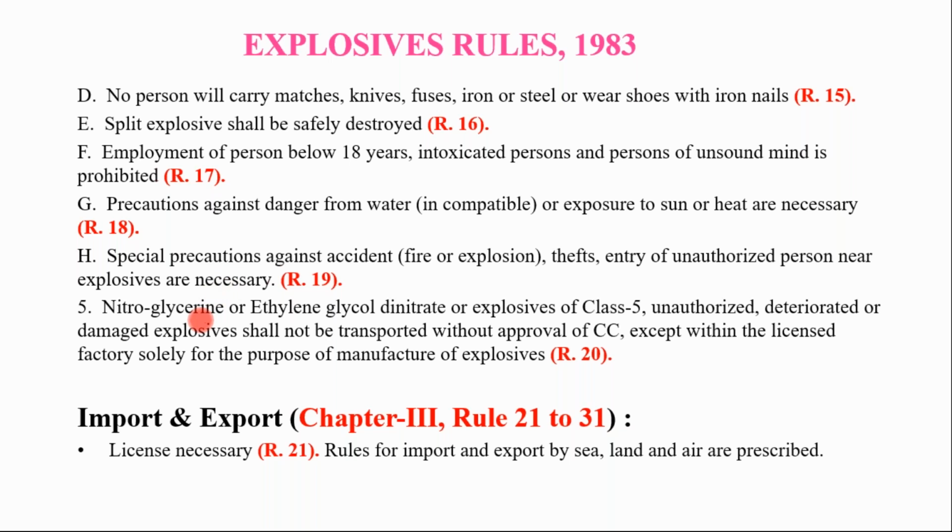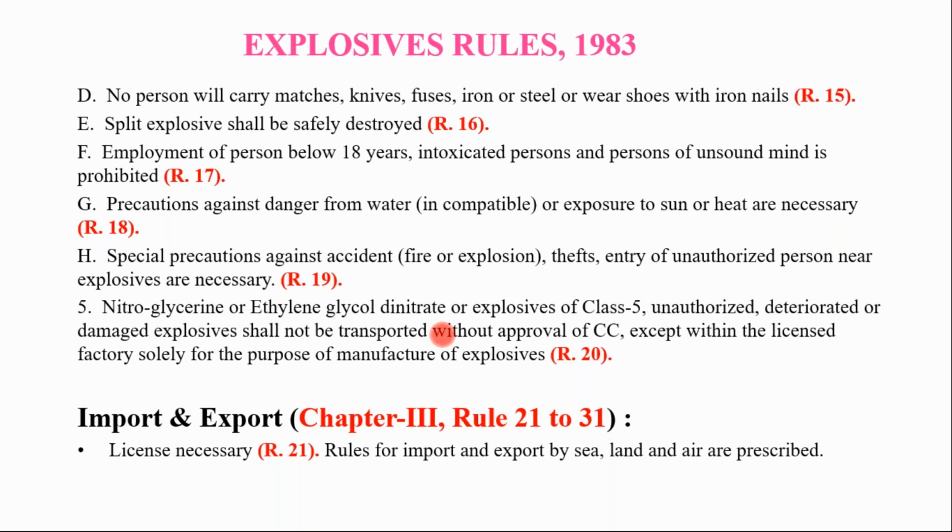Rule number 20 is related to nitroglycerin or ethylene glycol dinitrate or explosive of class 5. Unauthorized, deteriorated or damaged explosive shall not be transported. So this is the specific rule when we are manufacturing, storing or using some of these explosives, and if some of the explosive deteriorates, it means the quality or the design characteristics of that particular explosive is going to reduce, that is deterioration.